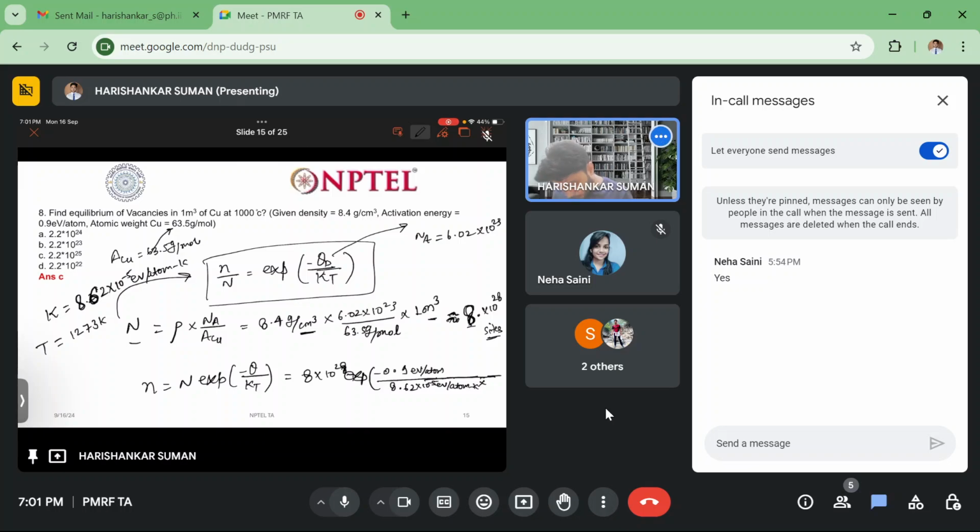What is the temperature? 1273 Kelvin. Please find out this number. Simplify. N will be 2.7 times 10 to the power 2. This number will be this, and this is 8.2 times 10 to the power 25 vacancies.